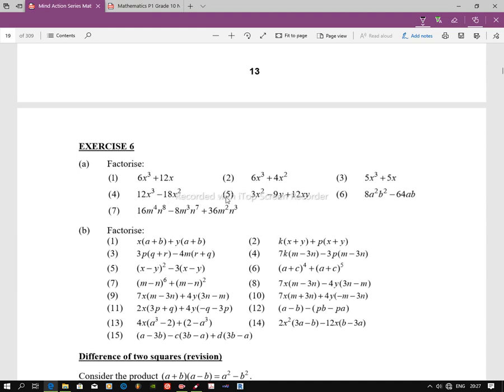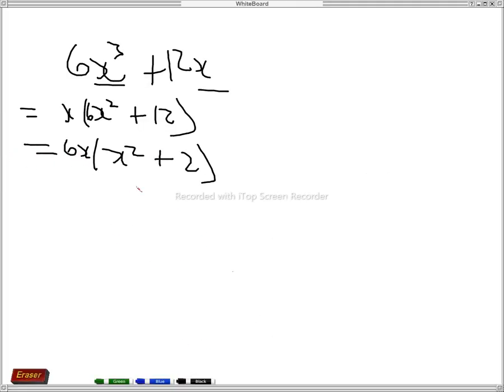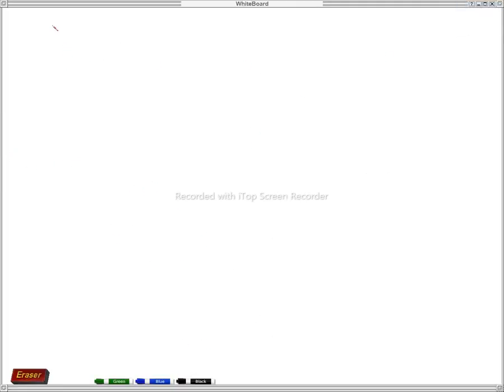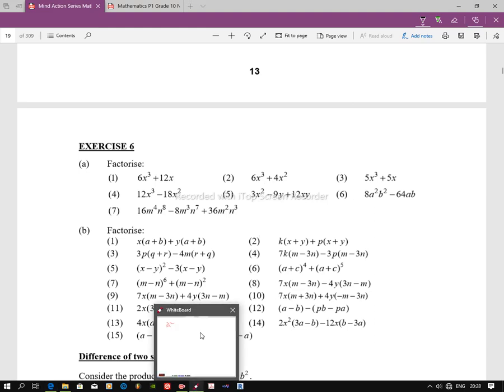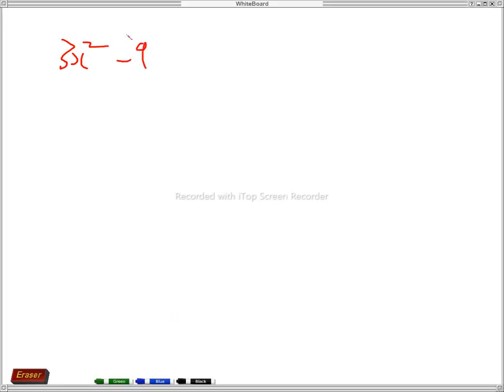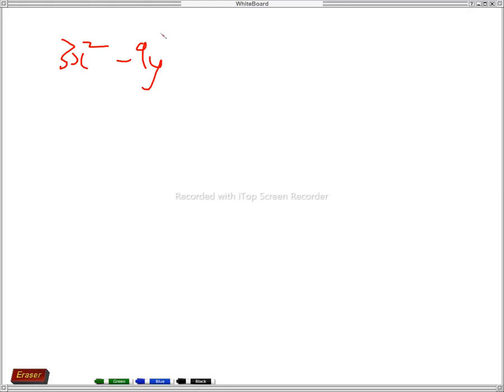So let me pick number 5. Number 5, I'm having 3x squared minus 9y plus 12xy.